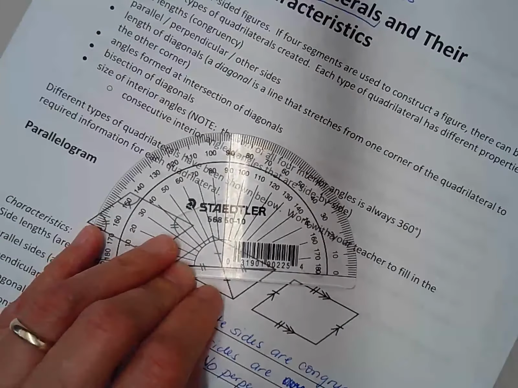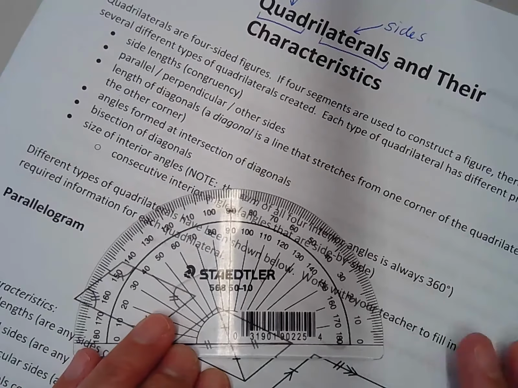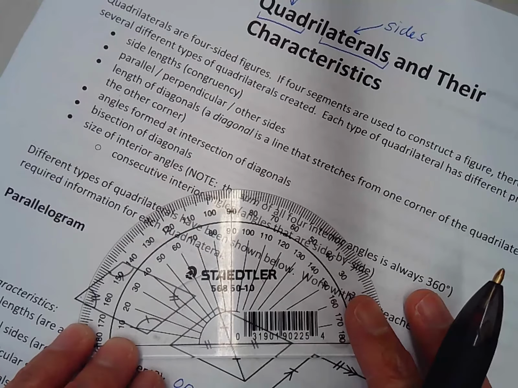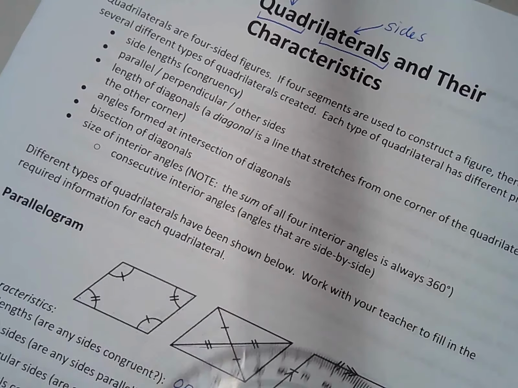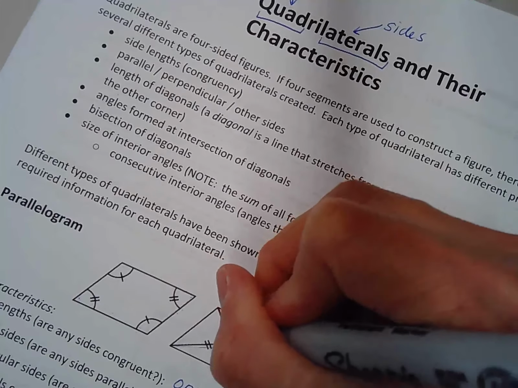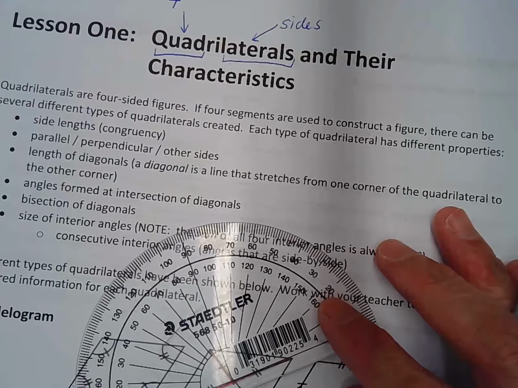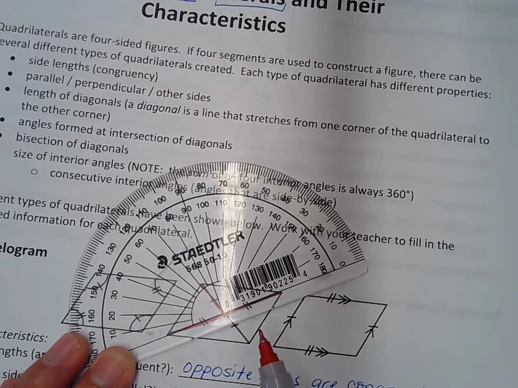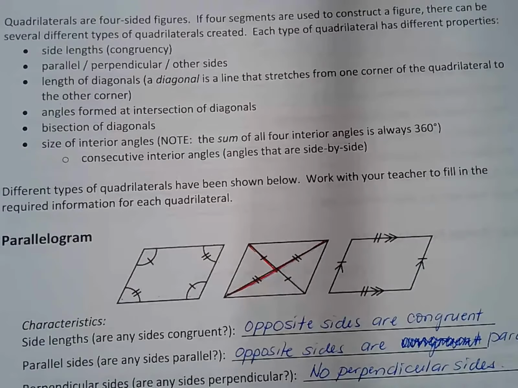Does that look like a 90-degree angle to us? Did they make a 90-degree angle? No. So it doesn't make a 90-degree angle. Okay, so the answer is no.